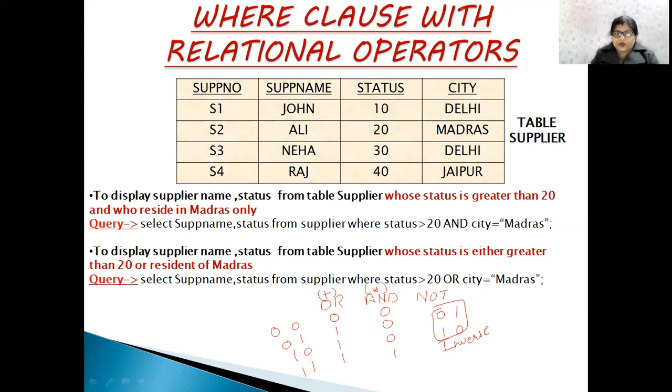So what is the question here? To display the supplier name, status from the table supplier, whose status is greater than 20 and who resides in Madras only. It means they want both of them, because they are saying status is greater than 20 and he resides in Madras only. When both the situations are true, 1 and 1, the output is always 1.